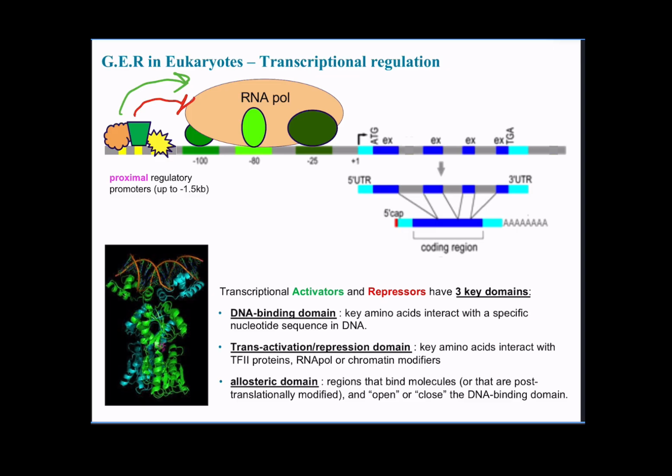They're just interacting with them. And what that means is that these proteins that are interacting with their target sequences in DNA can come onto DNA and bind to it, or come off from DNA and leave, right? And that is often regulated by allosteric domains, just like in bacteria.